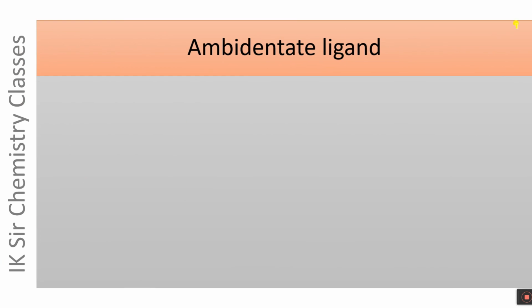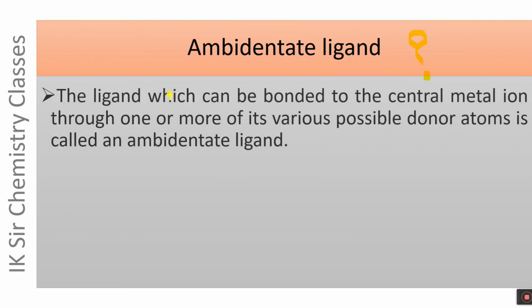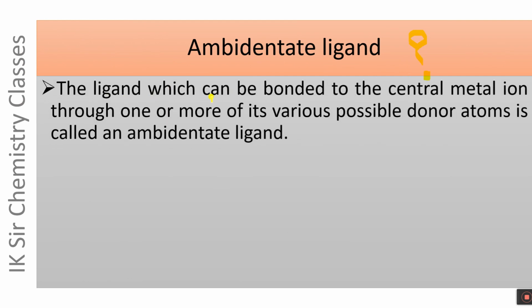Now the question arises how we can define ambidentate ligand. The ligand which can be bonded to the central metal ion through one or more of its various donor atoms is called an ambidentate ligand.